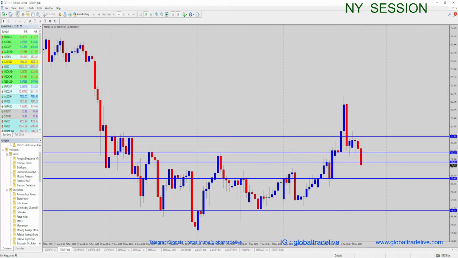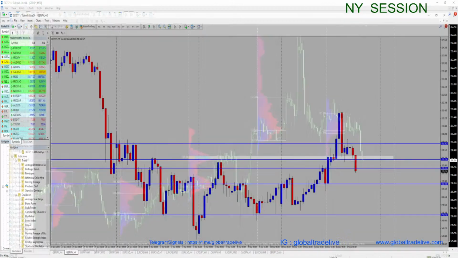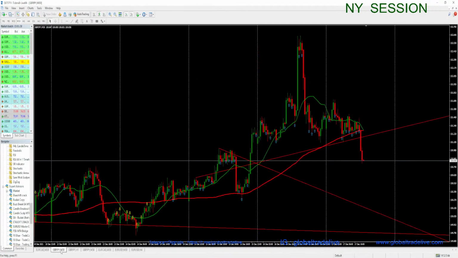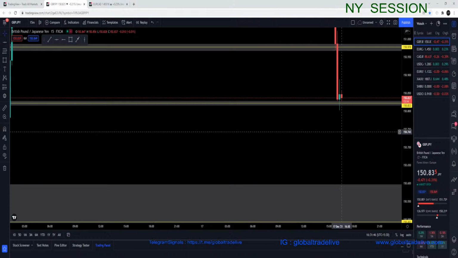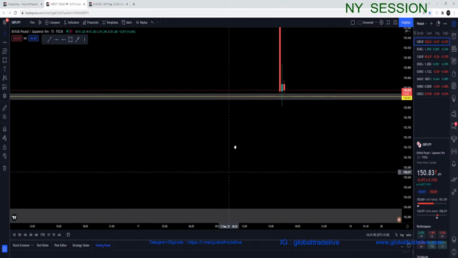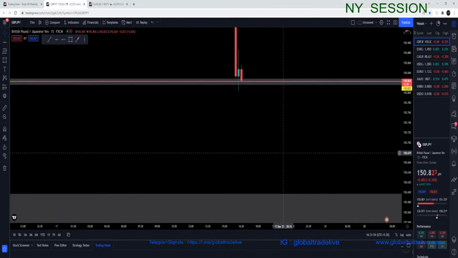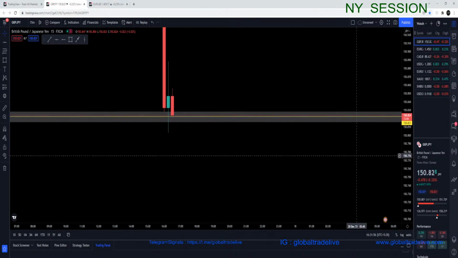Yeah, now market can possibly move down over here. It came under the trend line as well. Okay, so my target, oh, it's coming down, guys, it's coming down.